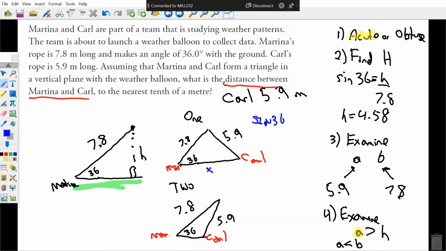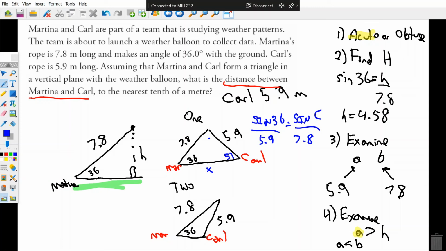So sine of 36 over 5.9 equals, we'll call that sine of C for Carl over 7.8. So I cross multiply and divide. Sine 36 times 7.8 divided by 5.9. Second function, sine. The first possibility is that this angle is 51 degrees, which now we can find this one.